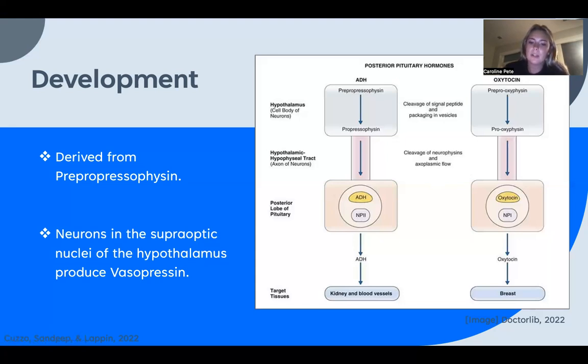So you have the preprovasophysin, and then through the cleavage of the signal peptide and packing in vesicles, you get provasophysin, and then the cleavage of neurophysins and axoplasmic flow takes place right here. And then you have ADH and NP2. And then this gives you ADH, which is made and sent through the kidney and blood vessels.